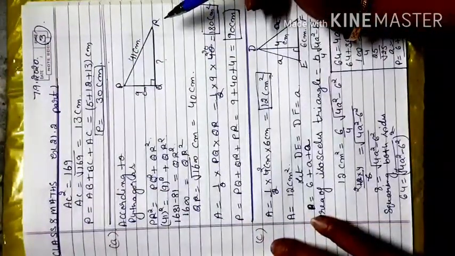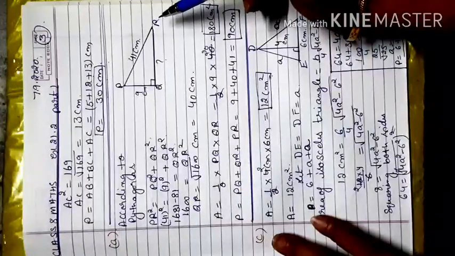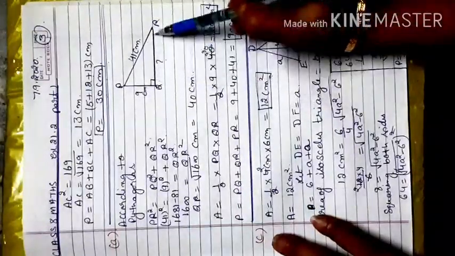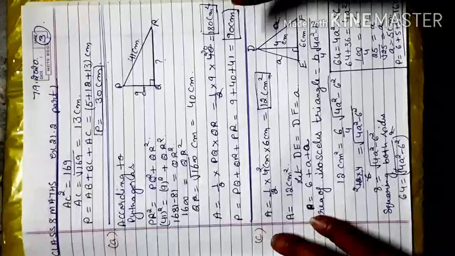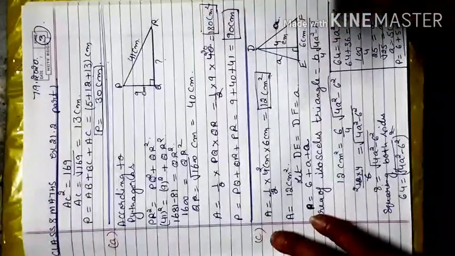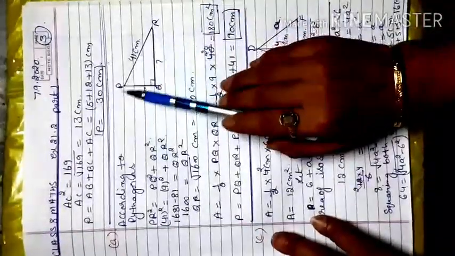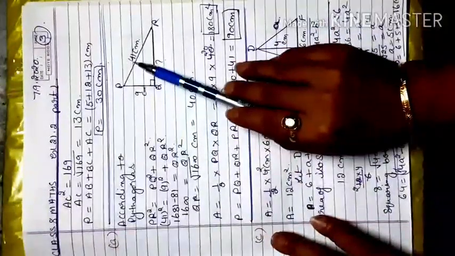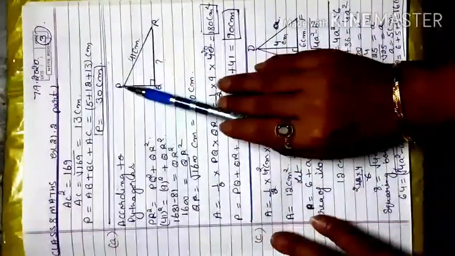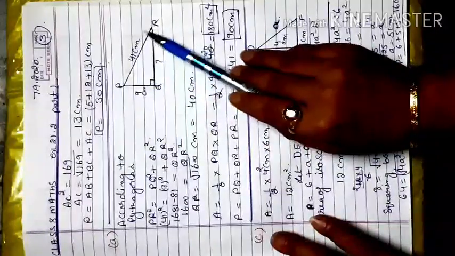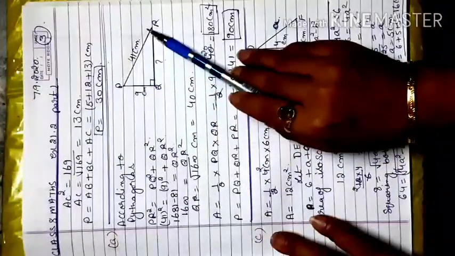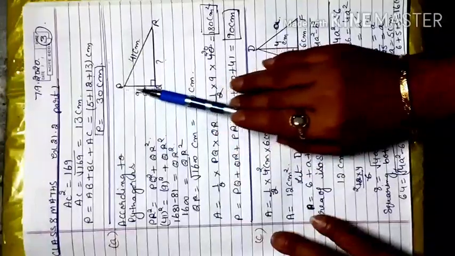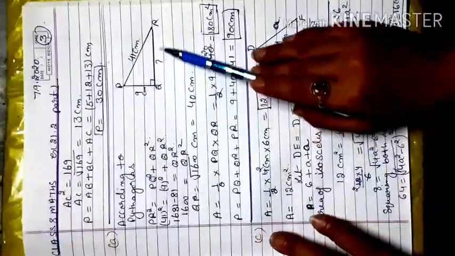But if I have to find the area or perimeter, I need the measurement of this side. So what I will do, I go with the Pythagoras theorem. Any line opposite to the 90-degree angle we consider as the hypotenuse. That is hypotenuse PR square is equal to perpendicular PQ square plus QR square.